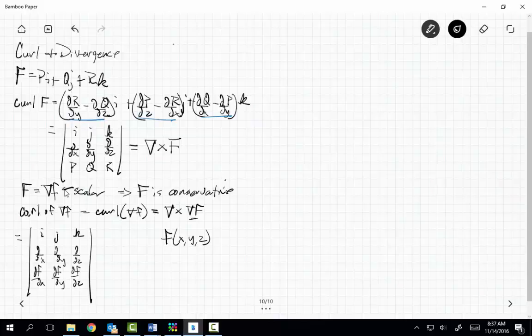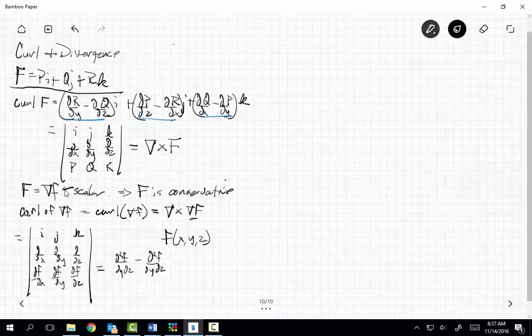If I take the curl of that, remember, the whole premise is that I'm taking the curl of a gradient, which implies this gradient is a vector field, and this vector field is conservative. Well, look close. I get d2f over dy dz minus d2f over dy dz.